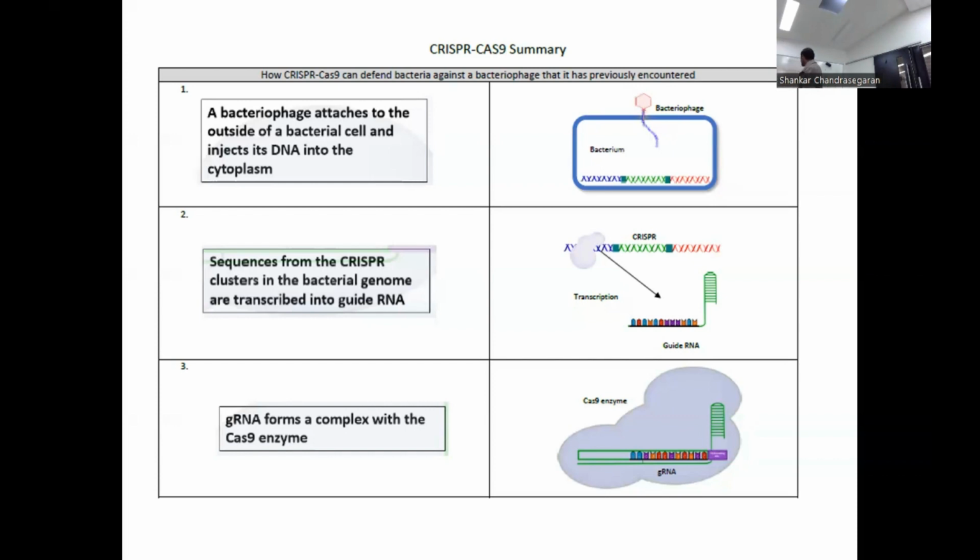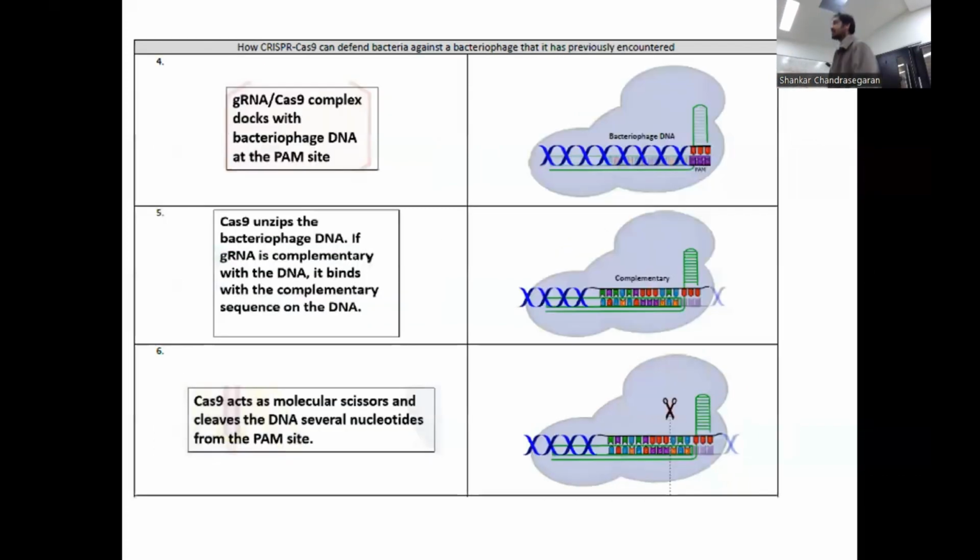When the Cas9 protein and the guide RNA join together, they form the CRISPR-Cas9 complex. And this complex is what is responsible for actually searching every part of the bacteria for a complementary sequence to the spacer. Because remember that the spacer is a sequence that came from the original bacteriophage.